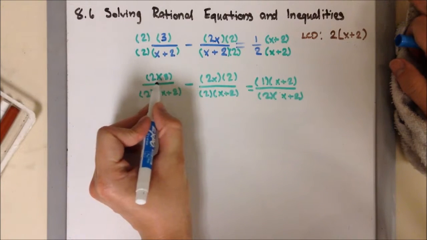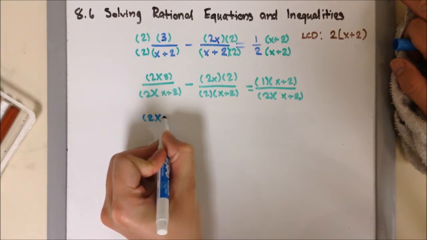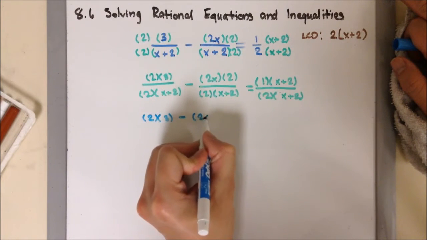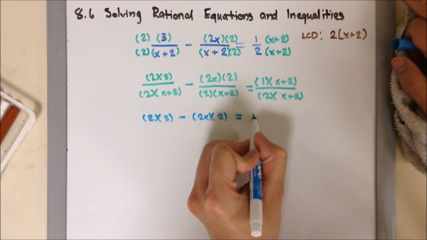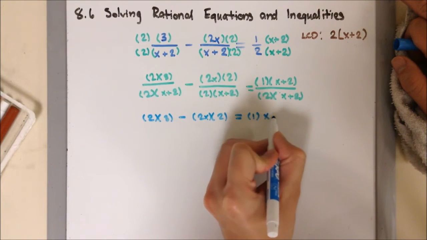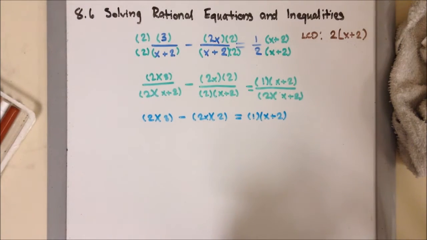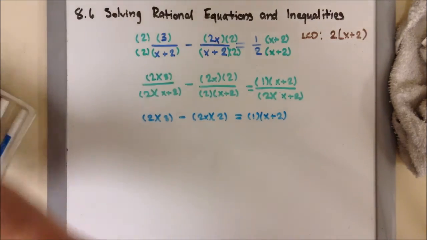So here, 2 times 3 minus 2x times 2 equals 1 times x plus 2. Simple as that. And I'm going to just start solving like a regular equation.